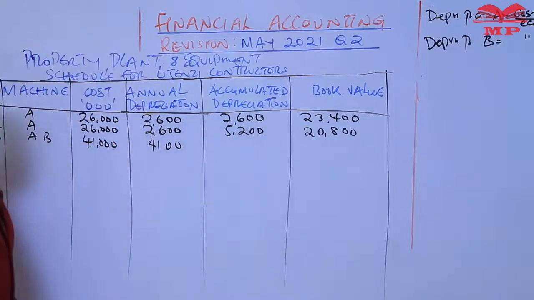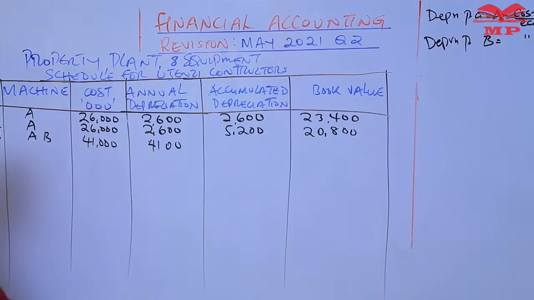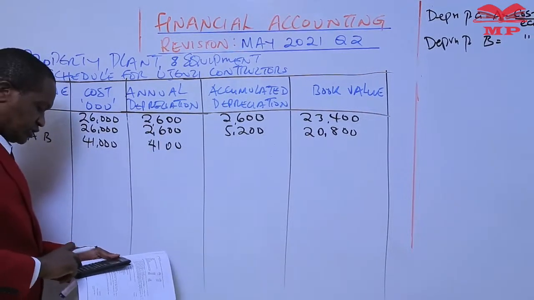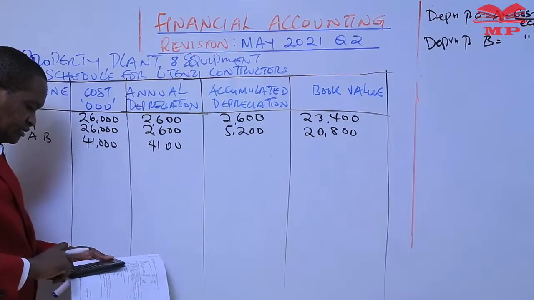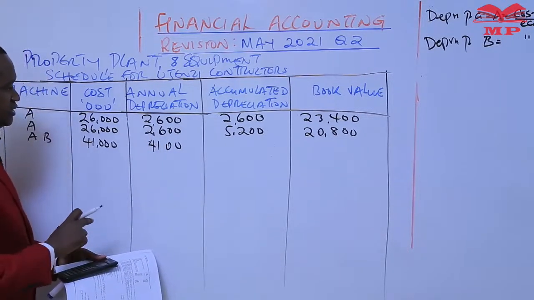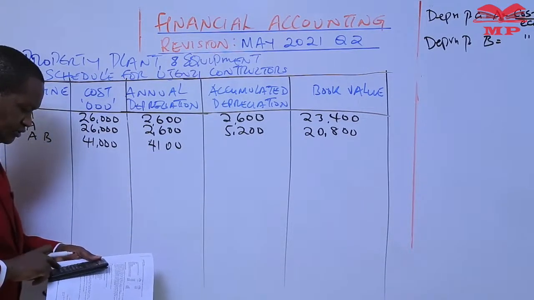Then we will have the accumulated depreciation. Accumulated depreciation, candidates, again will be the accumulated depreciation for machine A and for machine B. The accumulated depreciation at the end of year 3 for machine A will be 2.6 million times 3, plus the annual depreciation for machine B, which is 1.5 million.